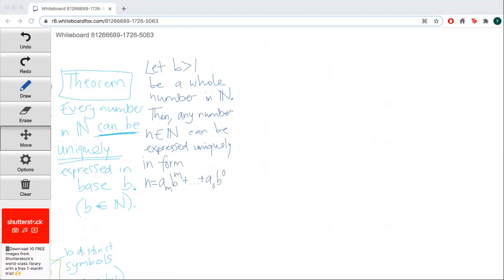Remember b to the 0 is just 1, so I can really just get rid of that because it's 1.